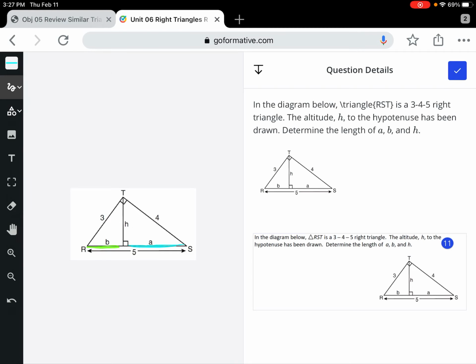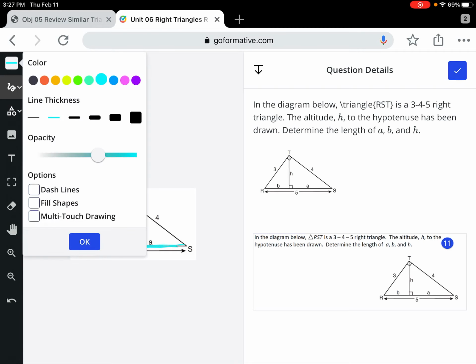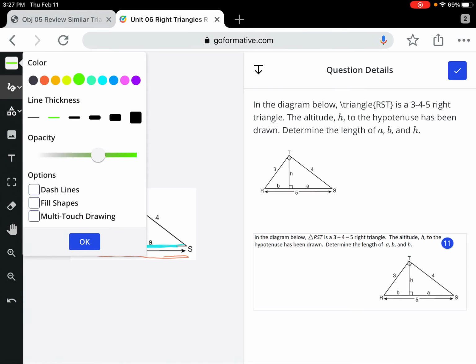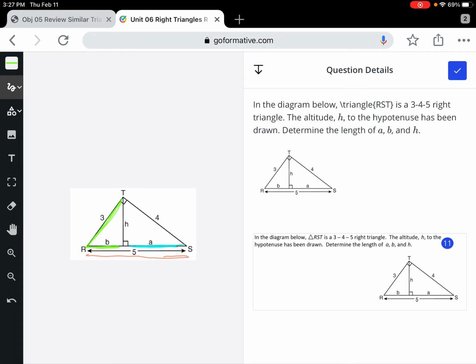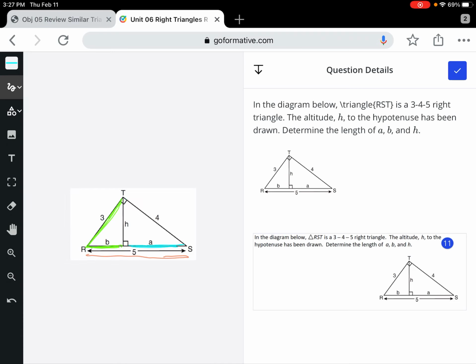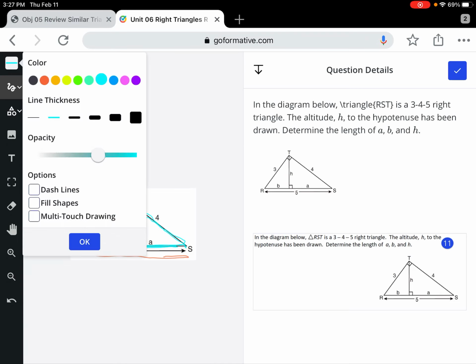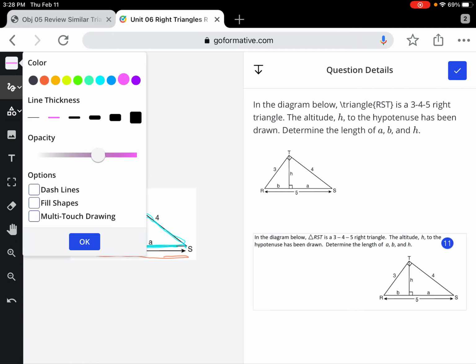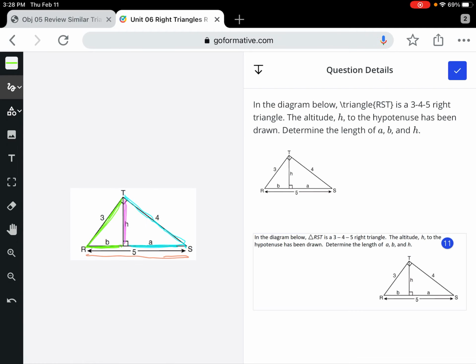I have one part of my hypotenuse, I have the other part of my hypotenuse, and then I have, of course, my whole hypotenuse. And so I know this leg goes with this part, and this leg goes with this part, and then I have my altitude here.